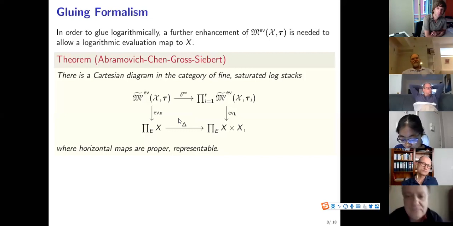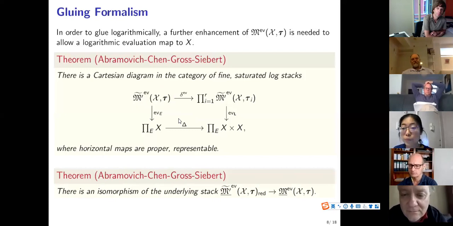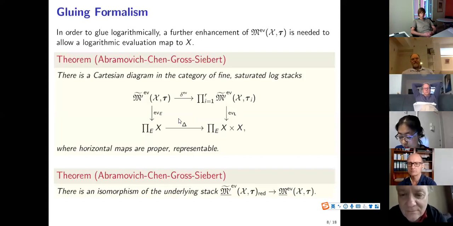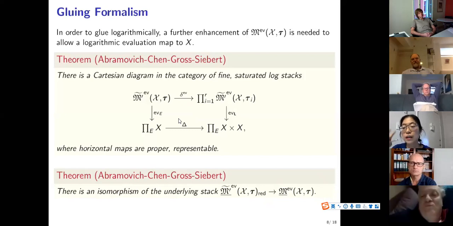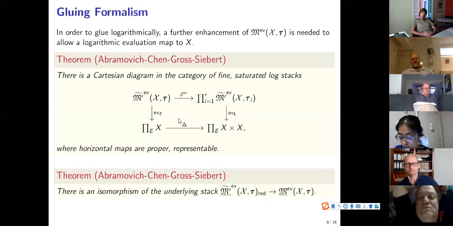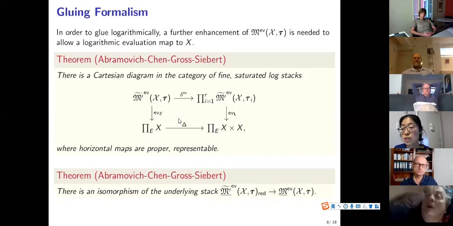I will not go into the details of what this means, but a pretty nice fact is that the obstruction theory on this space and the one we had on this space are almost identical, in that there is an isomorphism of the underlying stacks between the reduced induced structure on this space and the space that we're actually interested in.